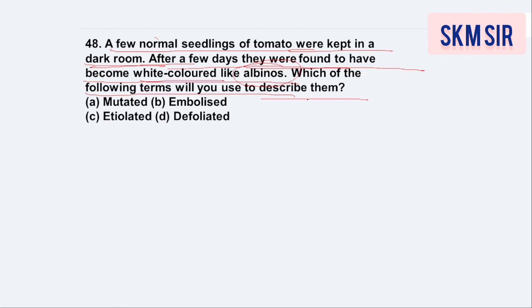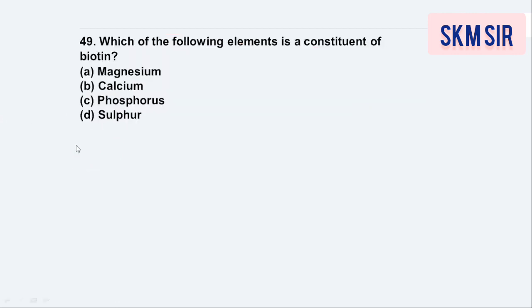One of the options was there when the question was in which of the following options there is no mineral deficiency. I told you about this particular phenomenon, that is etiolation, that is etiolated leaf. So option number C will be there. This happens when there is a lack of sunlight.